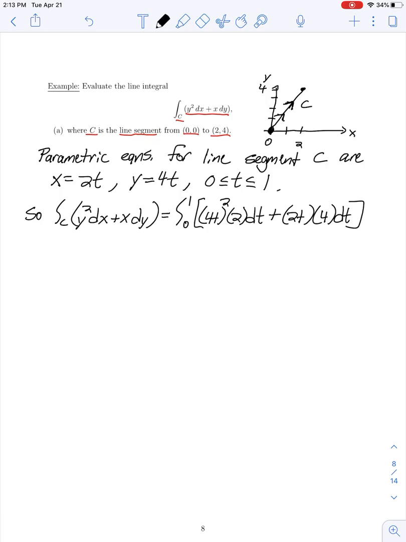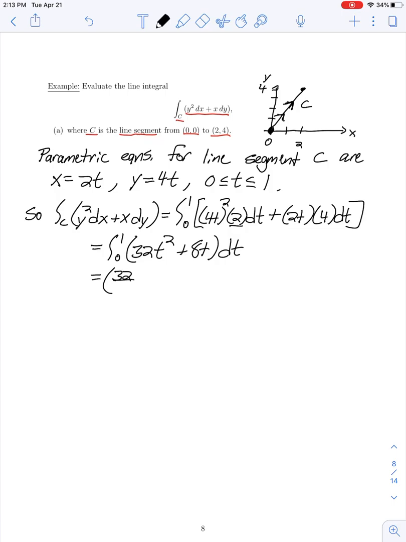So simplifying this, we have the integral from 0 to 1 of, when we square 4t, we have 16t squared times a 2 gives us 32t squared, plus our 2t times 4 gives us 8t dt. And then to integrate this, we find our antiderivative.